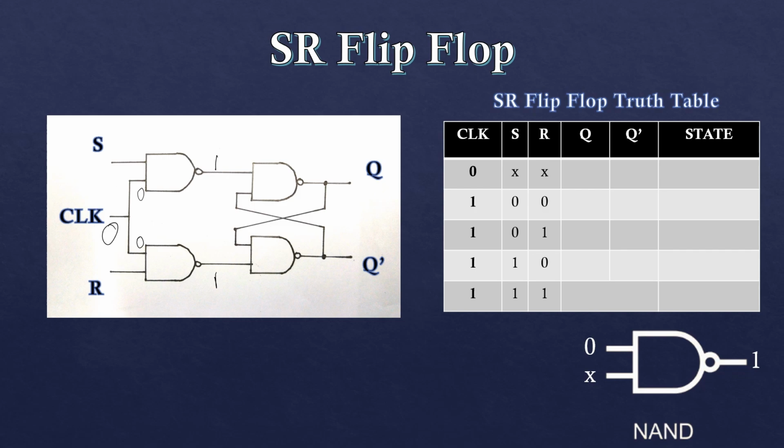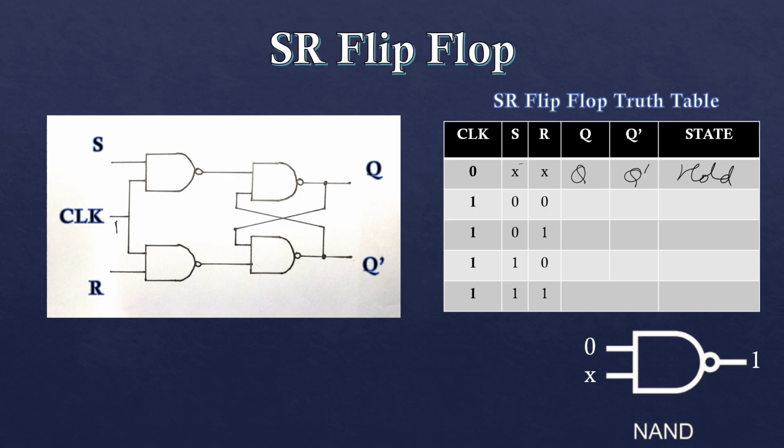So whenever the clock is 0, all the combinations of S and R, which I have represented as X and X, will give the same output, that is Q and Q bar, and the state is hold. We'll fix the clock as 1 from now, because when the clock is 0, it will surely be in the hold state, whatever the set value and reset value are. It doesn't depend on them.